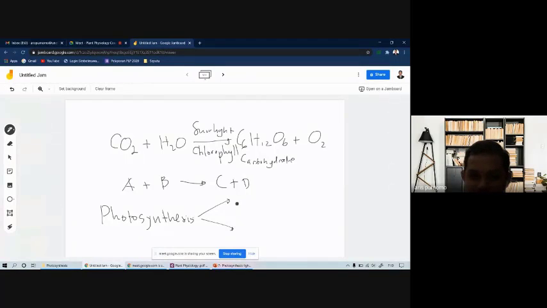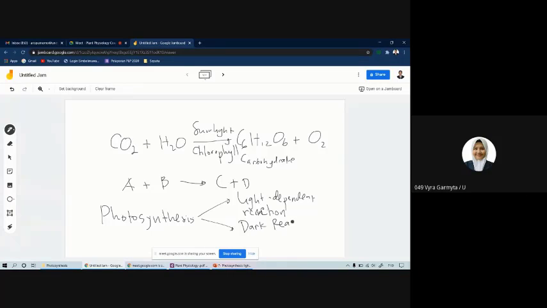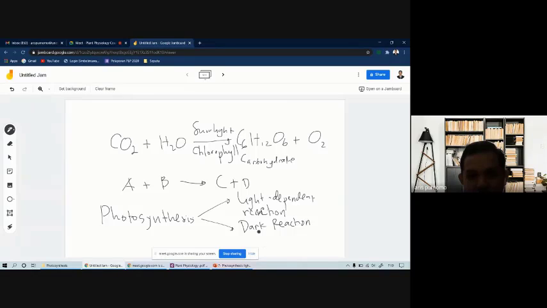The first is the light-dependent reaction. And the second one is the light-independent reaction, or we can say Calvin cycle.